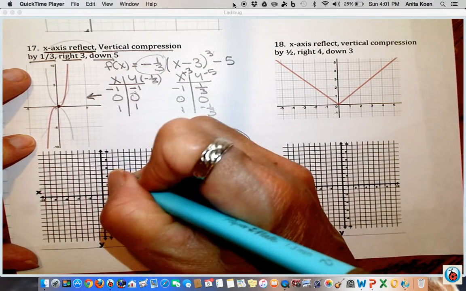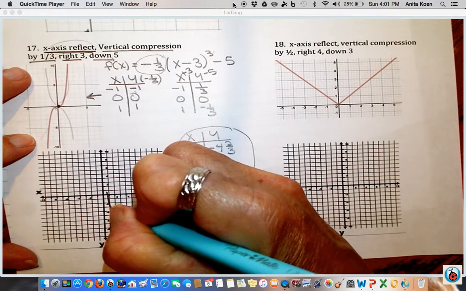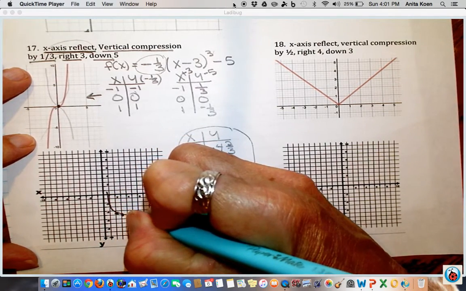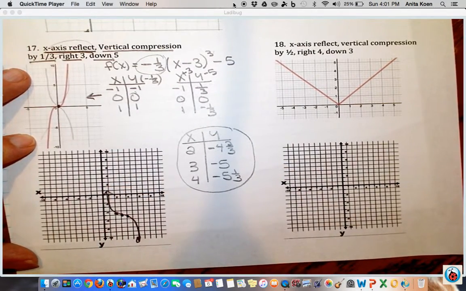We've shifted, and it doesn't have to be perfect, it just has to go through these points. Okay, that's good enough for me. Because we've compressed it, it's flatter right through here.